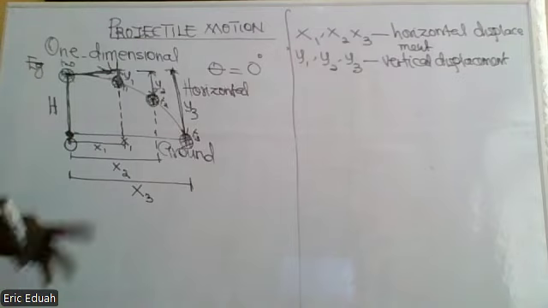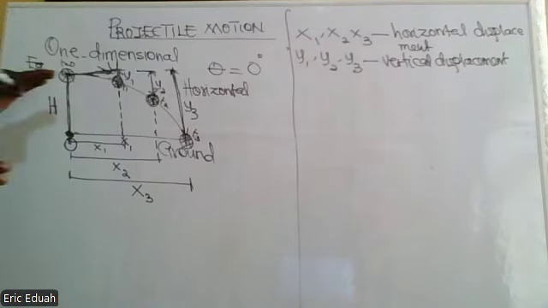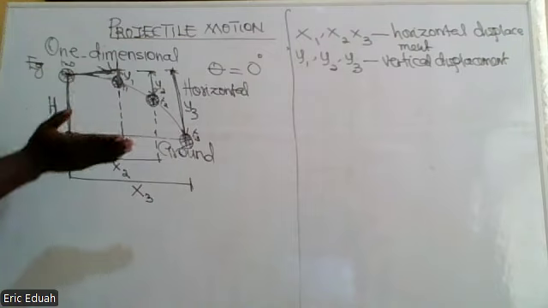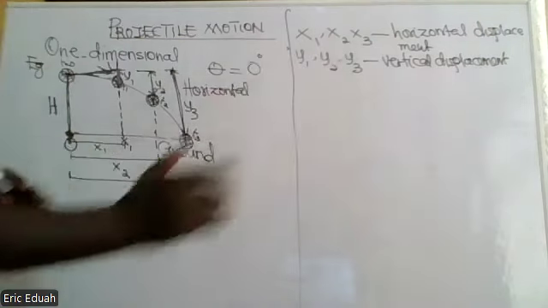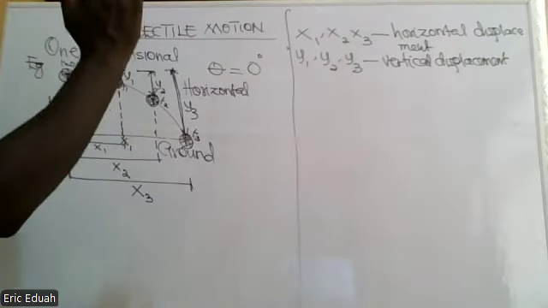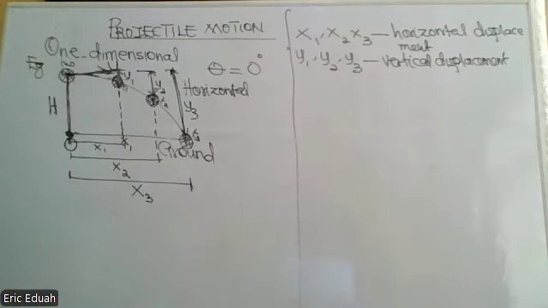So as the body moves, drops to the ground, it seems to be displaced horizontally. It also seems to be displaced vertically. Now please note that it takes the same time to cover a vertical displacement and a horizontal displacement.